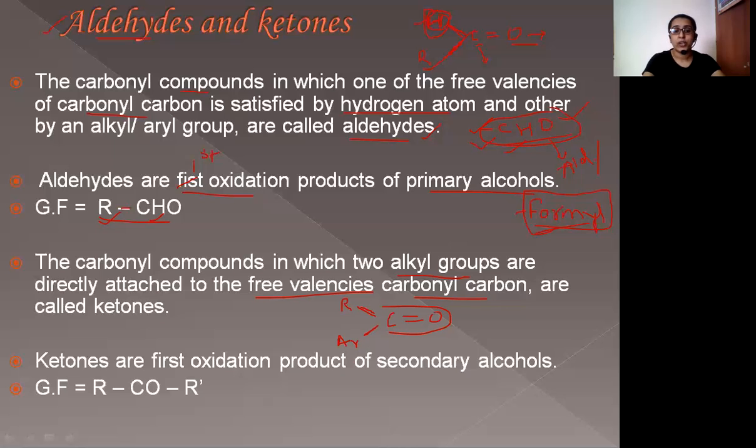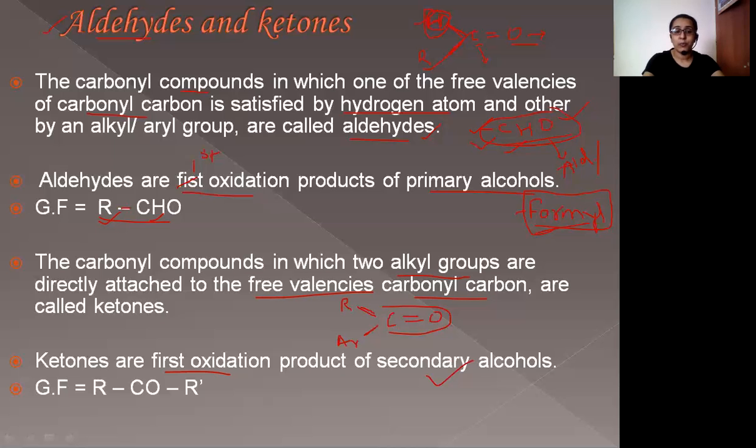Okay, so ketones are the first oxidation product of secondary alcohol. Remember that. हमने जब अल्कोहल्स पढ़े थे तब हमने पढ़ा था कि जब प्राइमरी अल्कोहल का ऑक्सीडेशन होता है तो it will lead to the formation of aldehyde and when secondary alcohol gets oxidized it forms ketones, right?